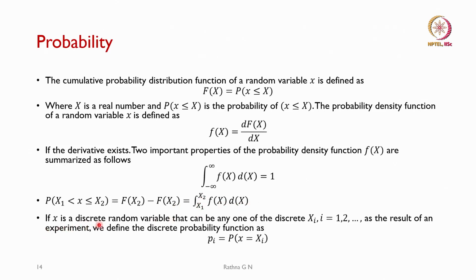If x is a discrete random variable that can be any one of these discrete xi, where i is equal to 1, 2, etc. as the result of an experiment, we define the discrete probability function as p i is equal to P of x equal to xi.